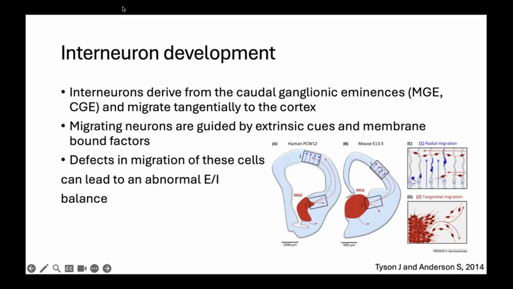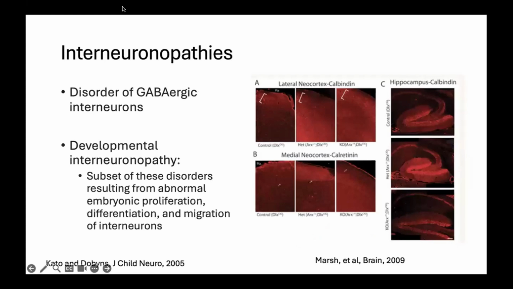And we know from other disorders and other DEEs that defects in the migration of these cells can lead to abnormal excitatory and inhibitory balance. An example of this would be a disorder of GABAergic interneurons called ARX. And this was studied by Eric Marsh in 2009.